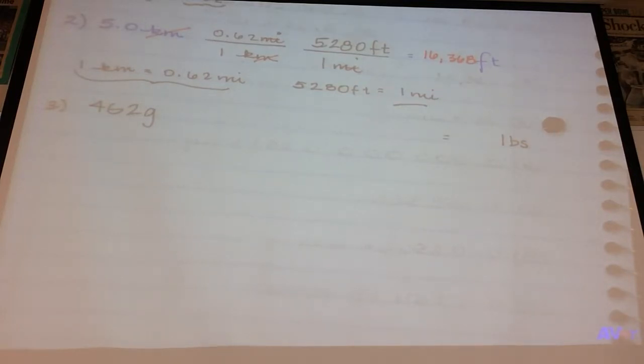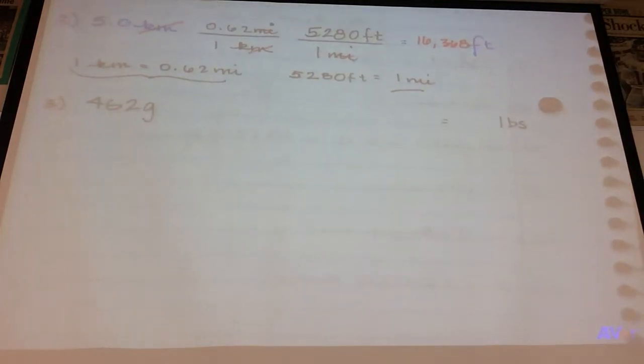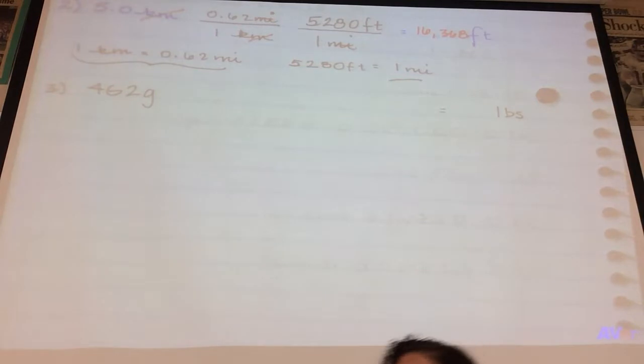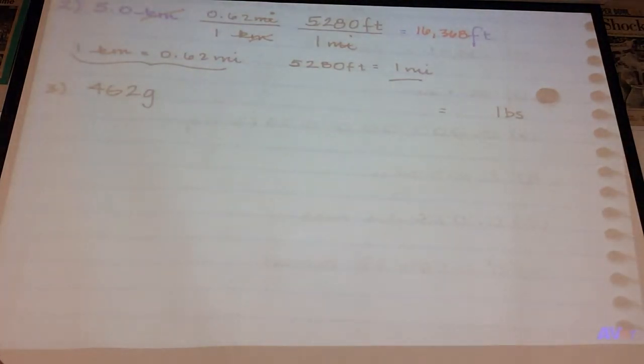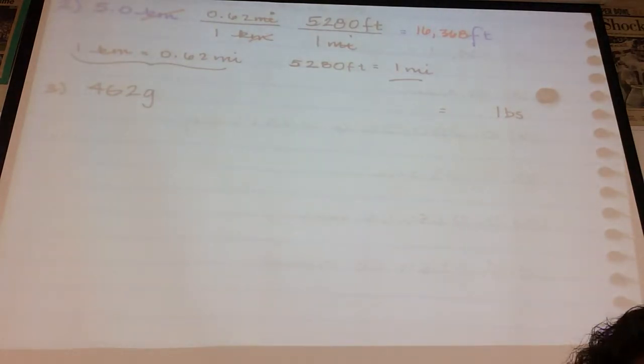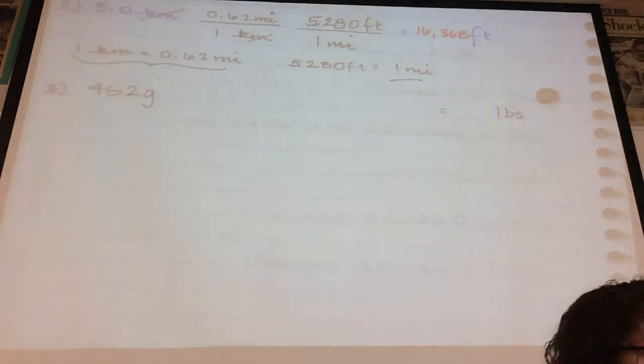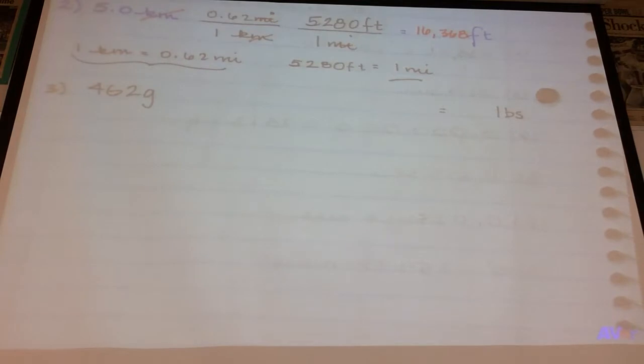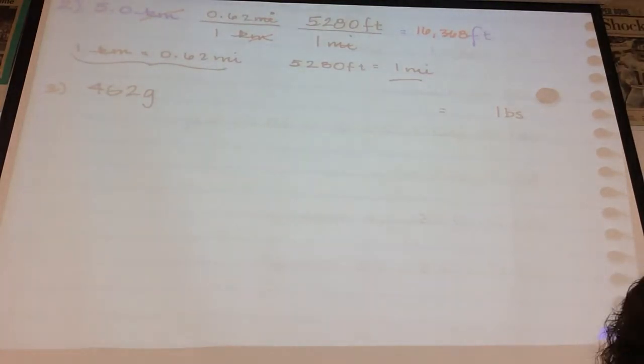Wow, that's crooked. So what'd you do? So did you go grams to ounces first?